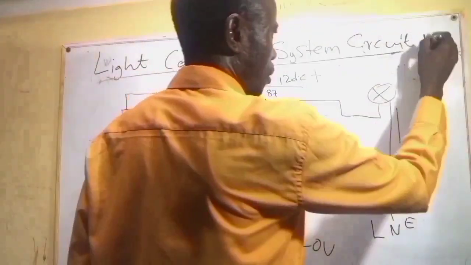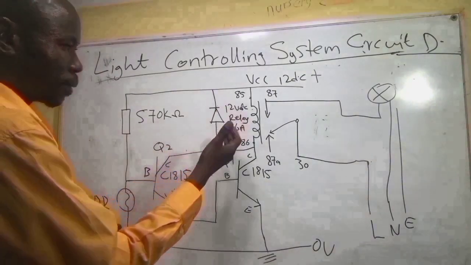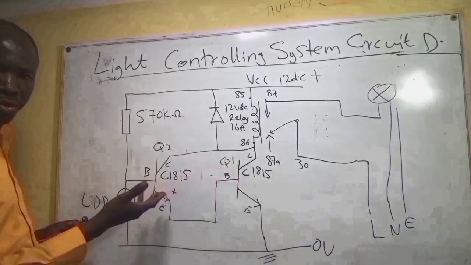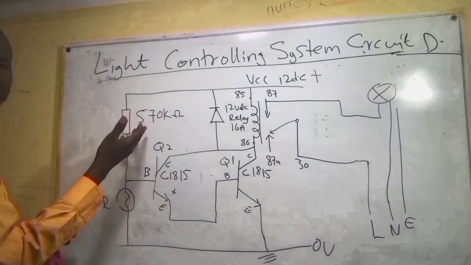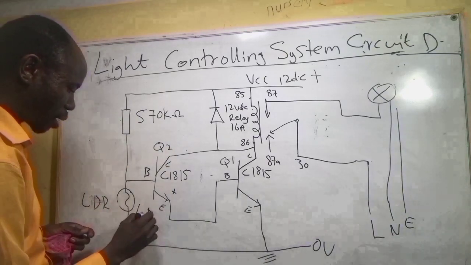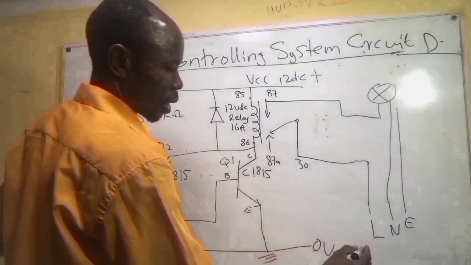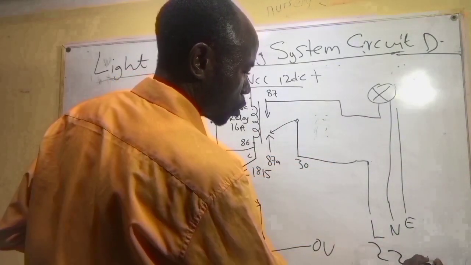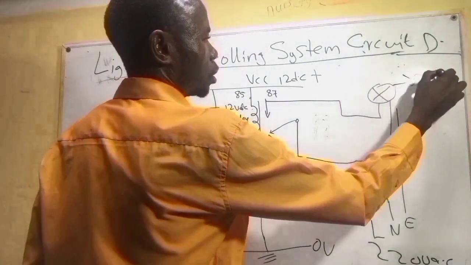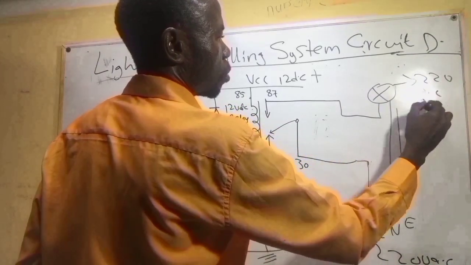And here are the components used: 12 volts relay, rectifier diode, C1815 transistors Q1 and Q2, 570 kilo ohms resistor, light dependent resistor LDR, the load, the supply 220 volts AC, the bulb 220 volts AC.